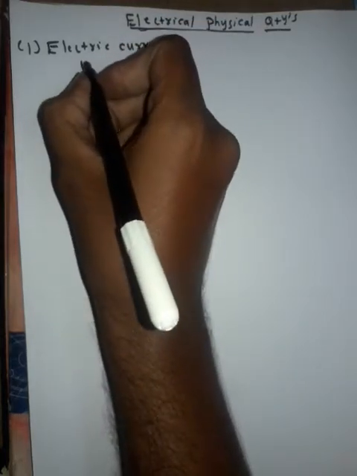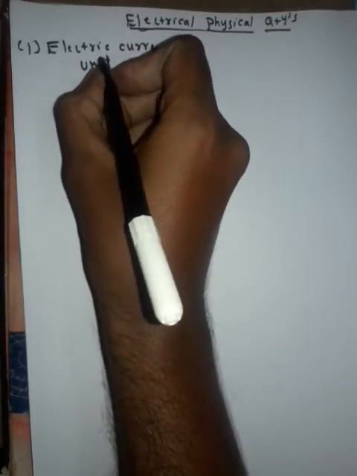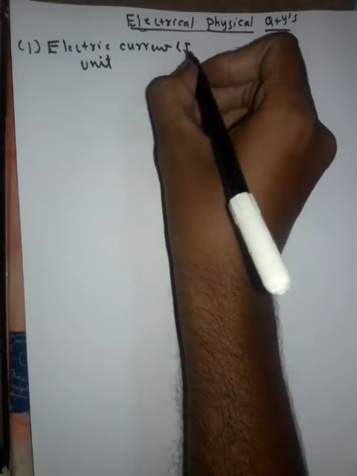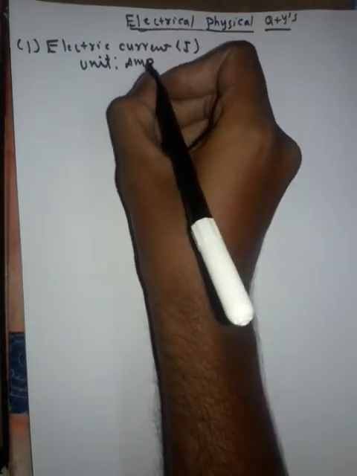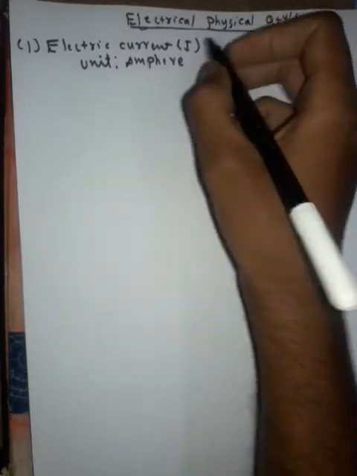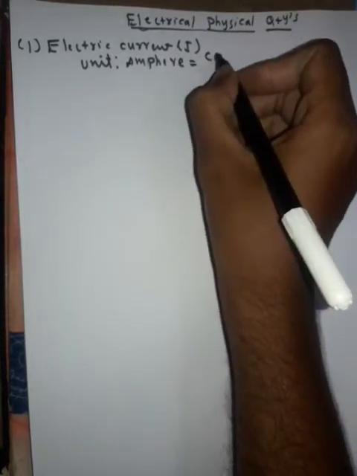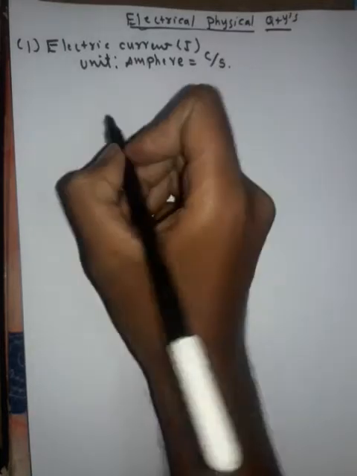It is denoted by I, and its unit is ampere, which is equal to coulomb per second.